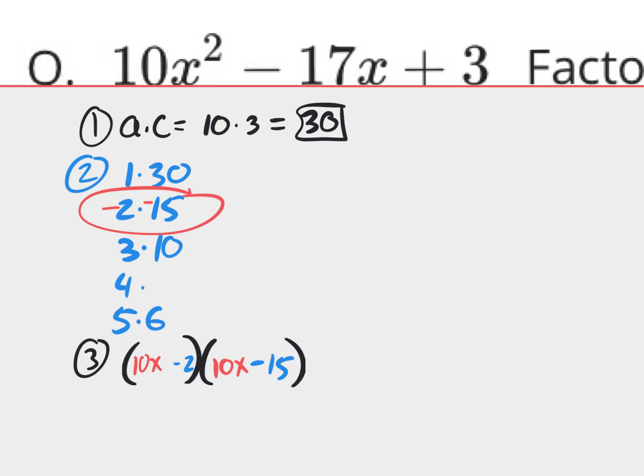The final step is to magically reduce, magically divide each of these binomials by whatever you can, the maximum value that is. So the 10x and the 2, you could divide both of those by 2, and it would give us the final answer over here. The first binomial will be a 5x minus 1. And then the second binomial, we could magically divide this by 3, right? No, not by 3, by 5.